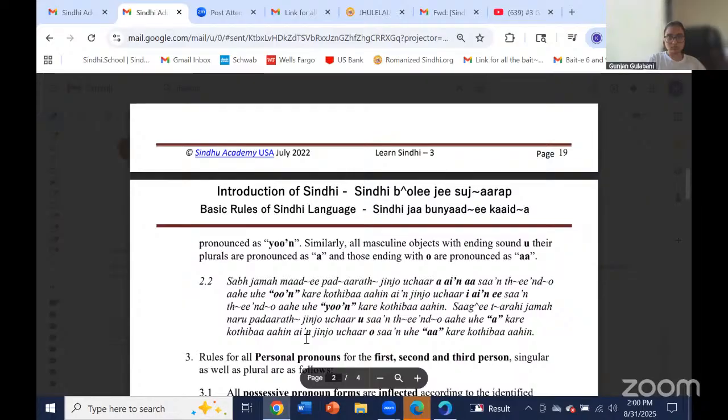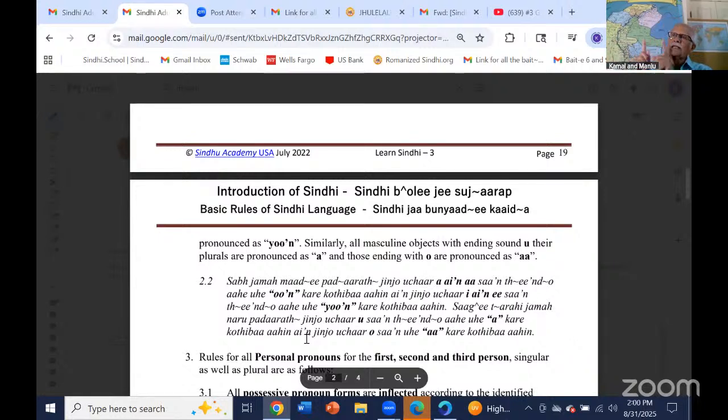These first two rules: gender is assigned to every object. The first four vowels will tell you it is a feminine gender, and O will tell you it is a masculine gender.